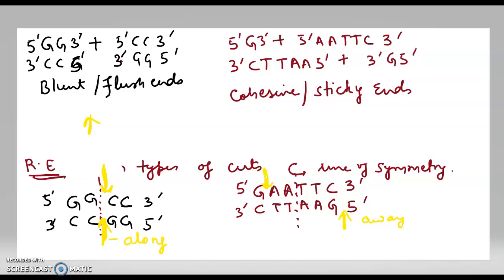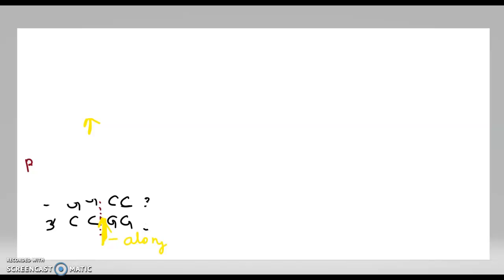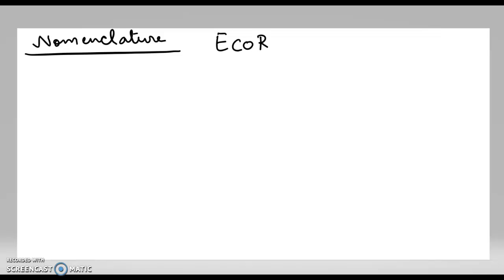Another thing that I just want to explain about restriction enzymes is their nomenclature. We'll take the simple example of the most commonly used restriction enzyme, EcoR1. Here the first alphabet is from the genus Escherichia.